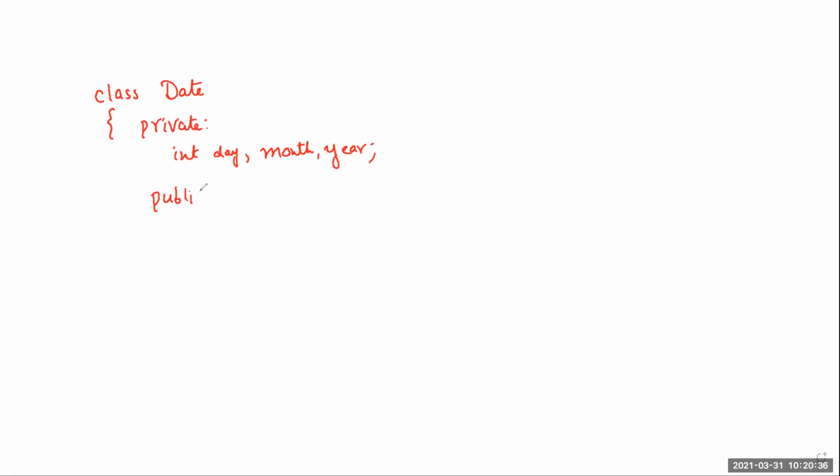Then within public, maybe you can make a constructor. I can write day, month, and year, and we can set a default date, so that if the user does not give any value, we want the default date to be 1st January, say 2000, or any date that you like.